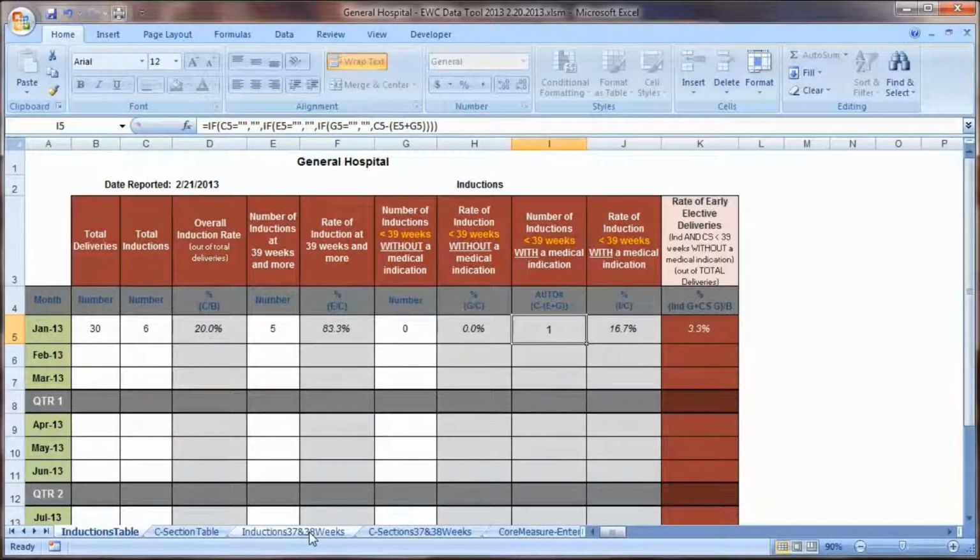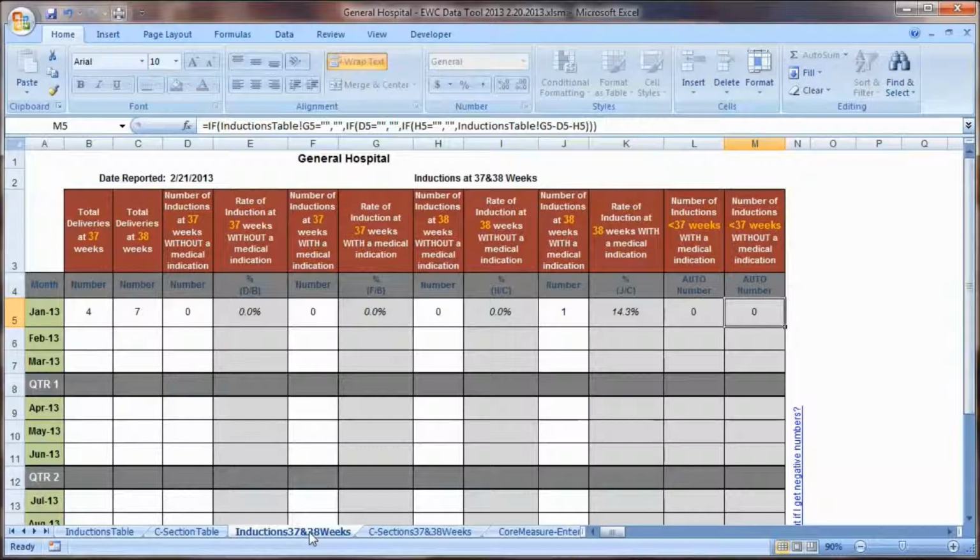And on the induction 37 and 38 weeks tab, we indicated that there were 0 inductions at 37 weeks with a medical indication, and 1 at 38 weeks with a medical indication. It took that less than 39, subtracted the 37 and the 38, and determined that there were 0 inductions less than 37 weeks with a medical indication.